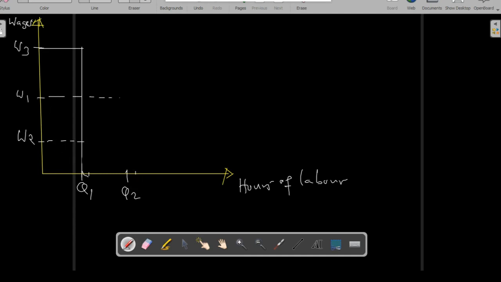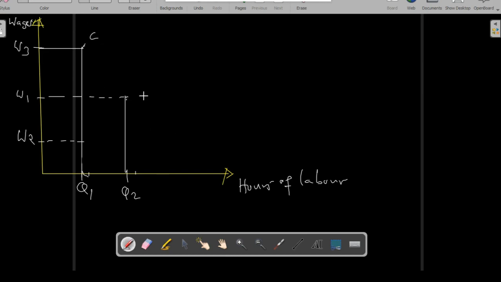Q1 and Q2 represent the hours of labor. Q1 represents the working hours of labor, which is low, and Q2 represents the long working hours of labor.